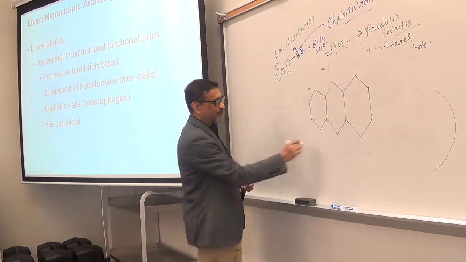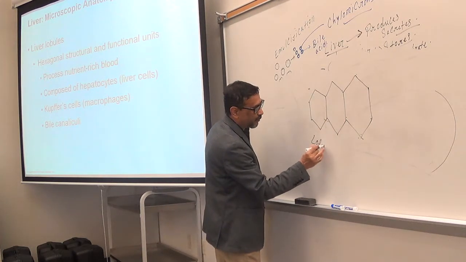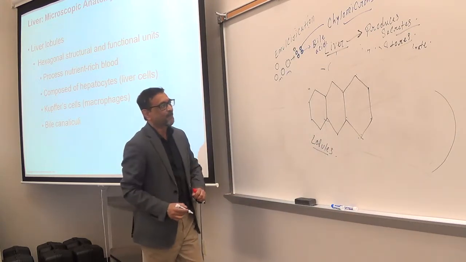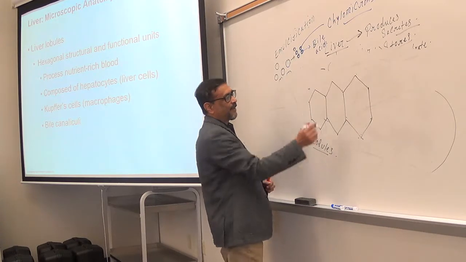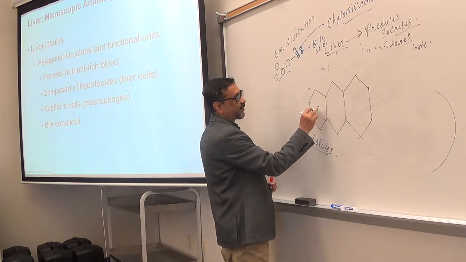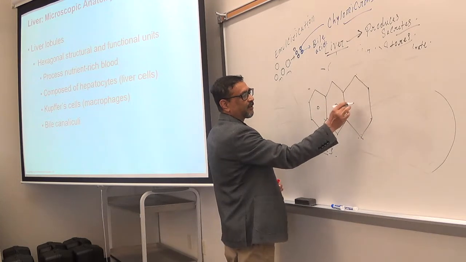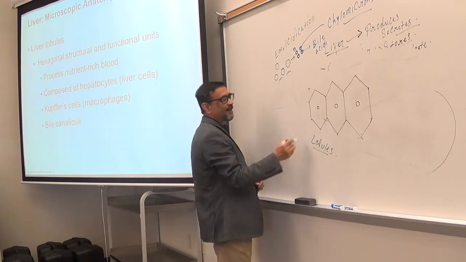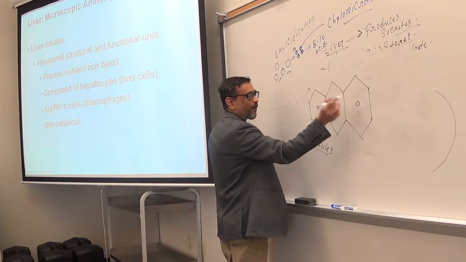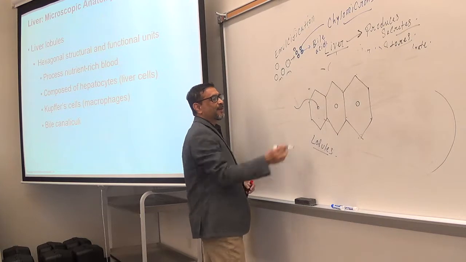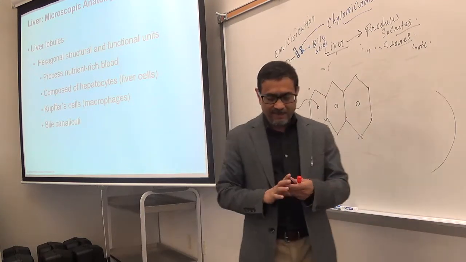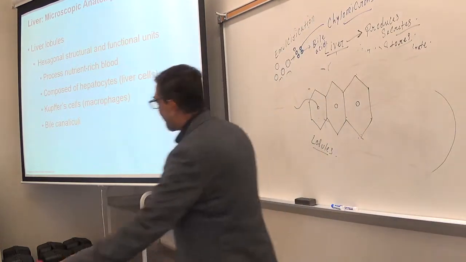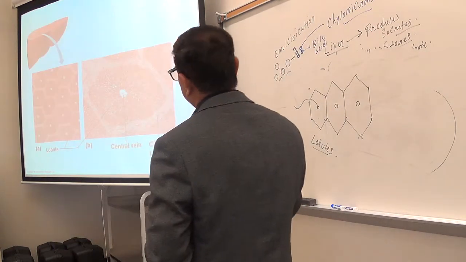So hexagonal lobules inside the liver. And in the center of each lobule, these are called hepatic lobules, there is a canal through which the blood vessels and bile duct pass.